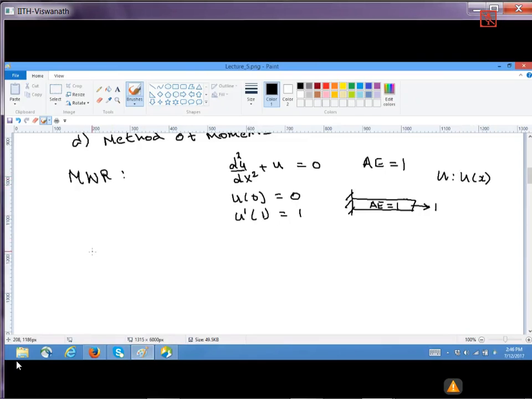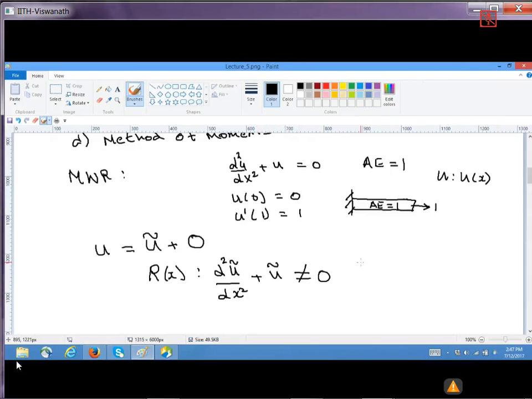Further, we define that u is our exact solution and u tilde is my approximation. That means I have an error. So therefore, if I substitute u tilde instead of u in this, I will end up with a residue, which is a function of x, defined as d square u tilde by dx square plus u tilde, and this need not be equals to 0.